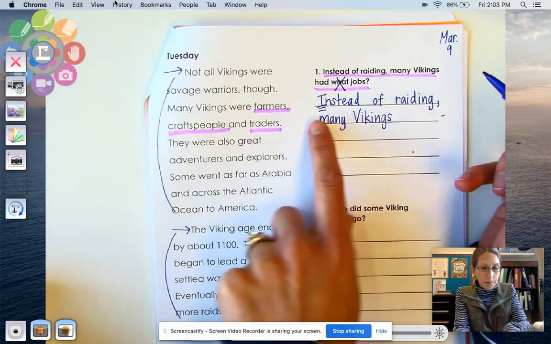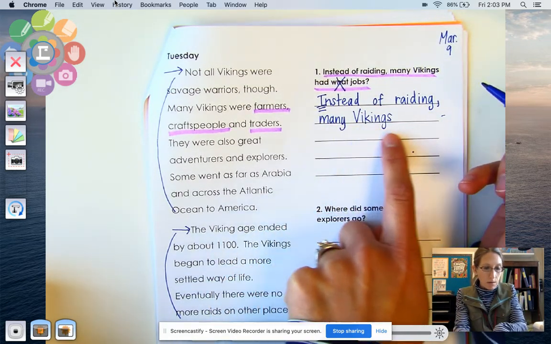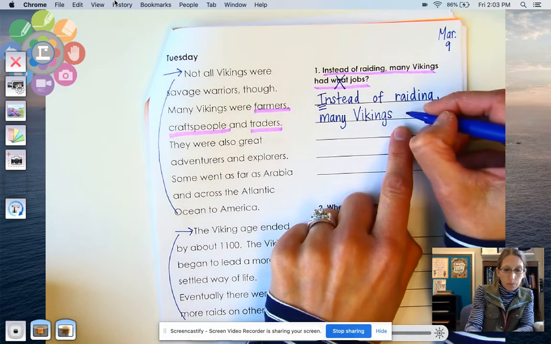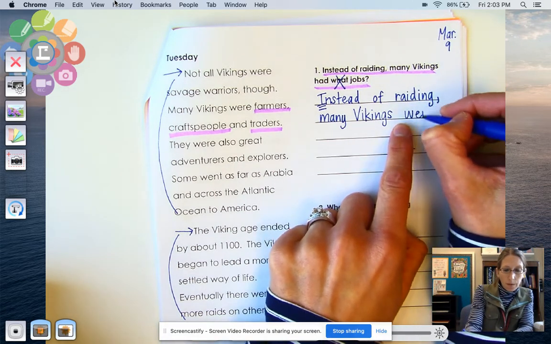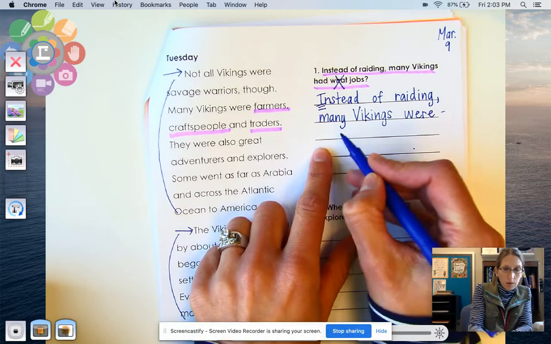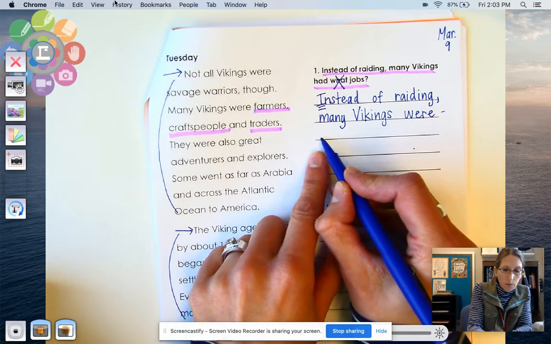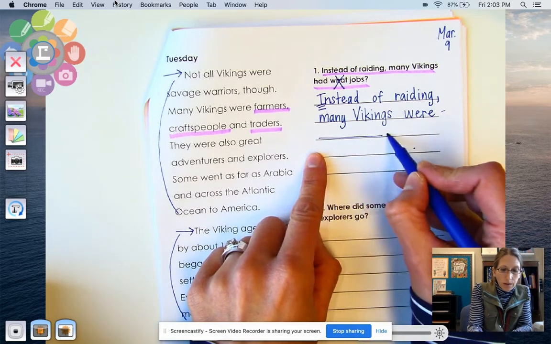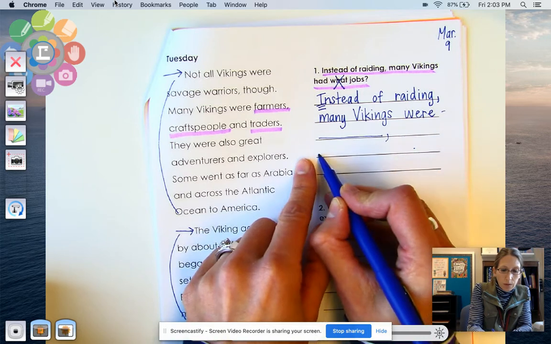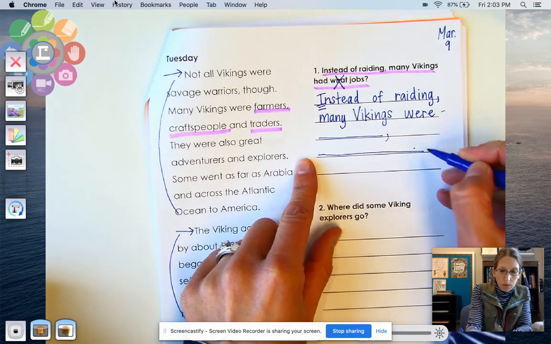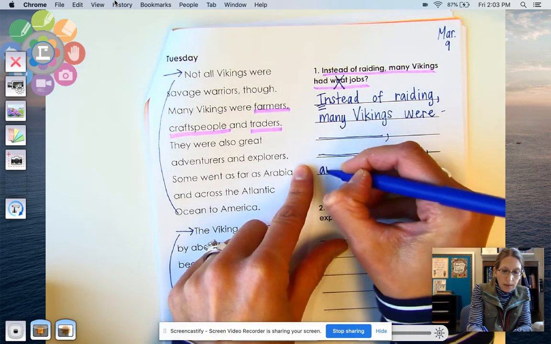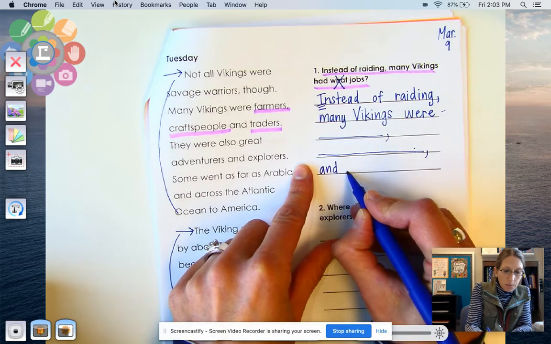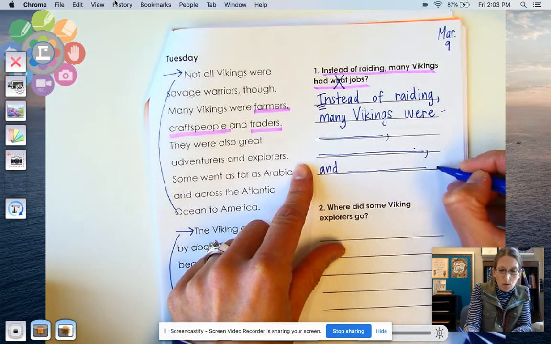Instead of raiding, many Vikings, maybe I'm just going to write were, and then I'll leave a blank there, farmers, craftspeople, and traders. So I'm going to let you finish.